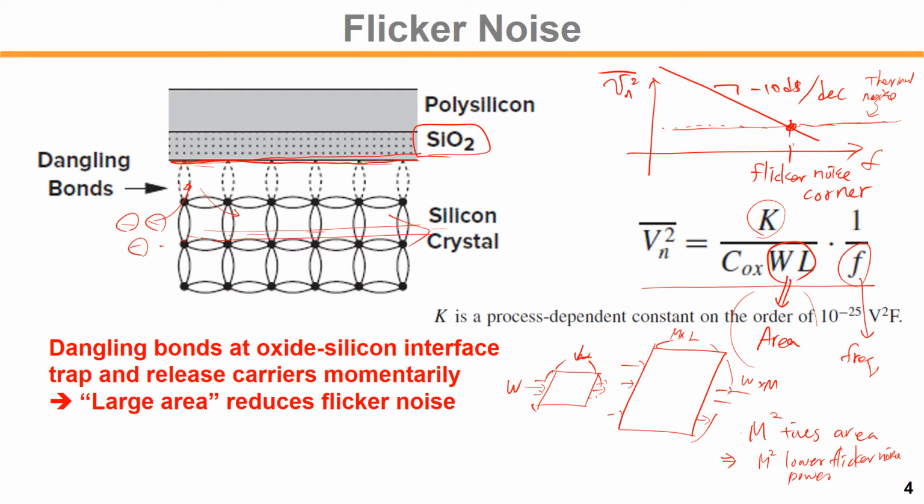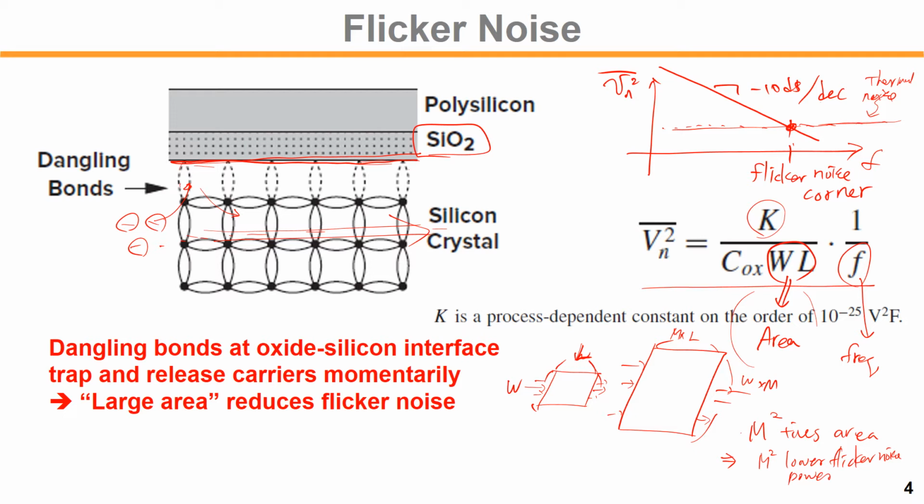If you make it double for all the dimensions, it becomes a 4x larger area. In that case, we have 4x lower noise power. So in terms of RMS voltage, it becomes 2x lower RMS voltage.